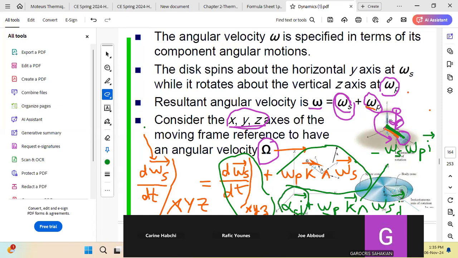So we decompose the derivative to change in magnitude and change in direction. Any question on this?